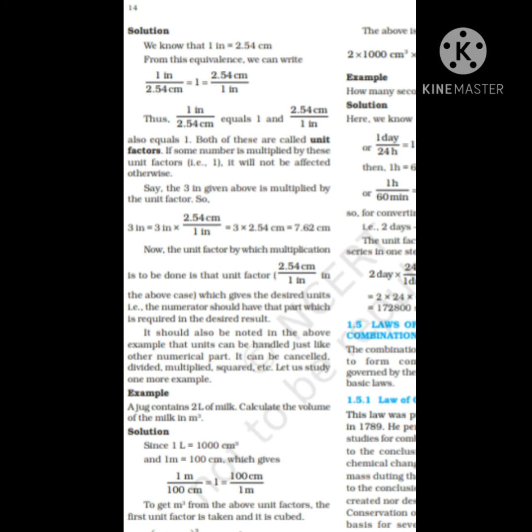The unit factor by which multiplication is to be done is the one, 2.54 centimeters by 1 inch in the above case, which has the desired unit in the numerator. It should also be noted in the above example that units can be handled just like the numerical part: they can be cancelled, divided, multiplied, squared, etc.